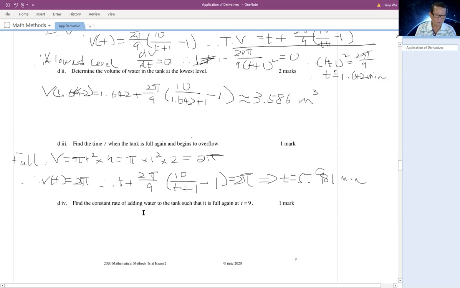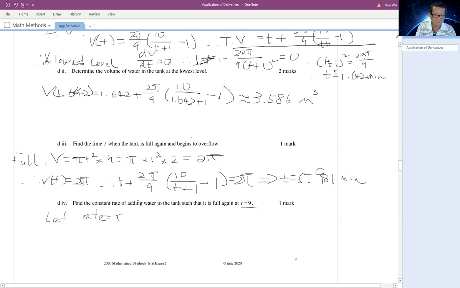So lastly, we would find a constant rate of adding water such that the tank is full again at 9 minutes. So when t equals 9, we want a constant rate. Let's say this constant rate is equal to r.